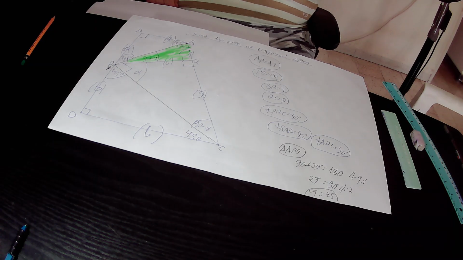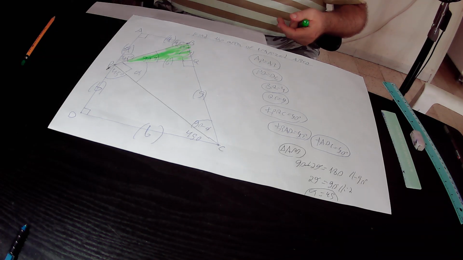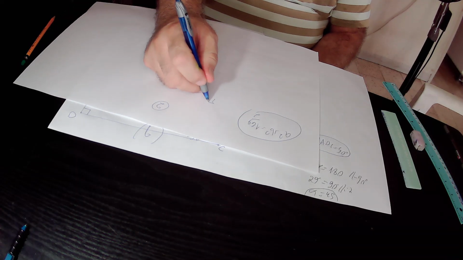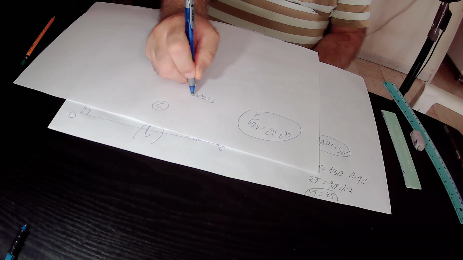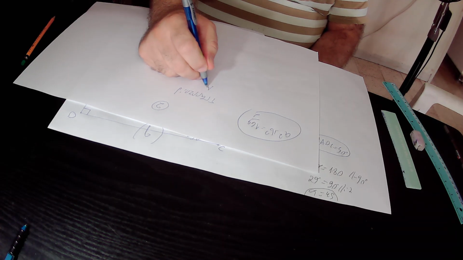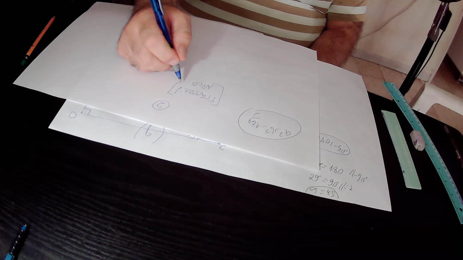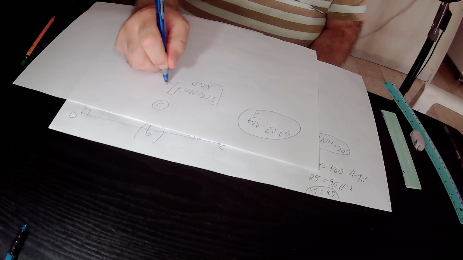Therefore, the area of trapezoid ABCD must be equal to the sum of the areas of the three components that trapezoid ABCD consists of.